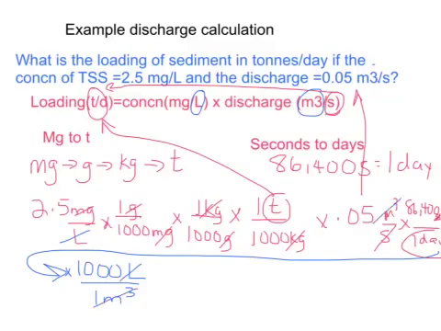And then if I multiply this out, it works out to be 2.5 times 0.05 times 86,400 divided by 10,000.